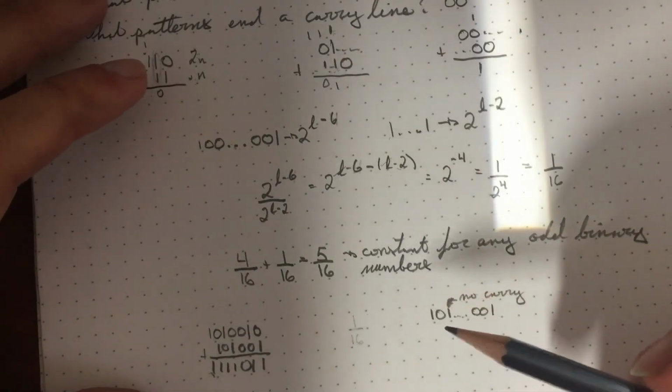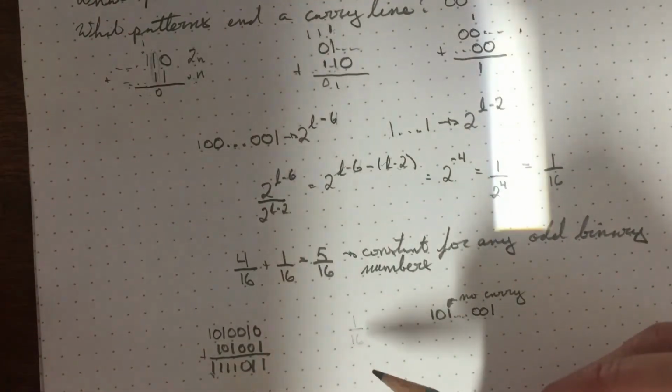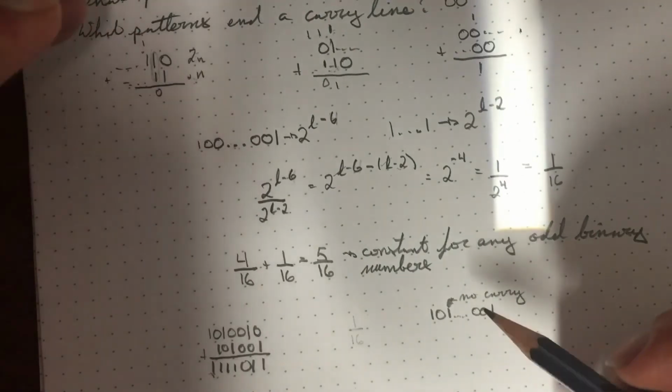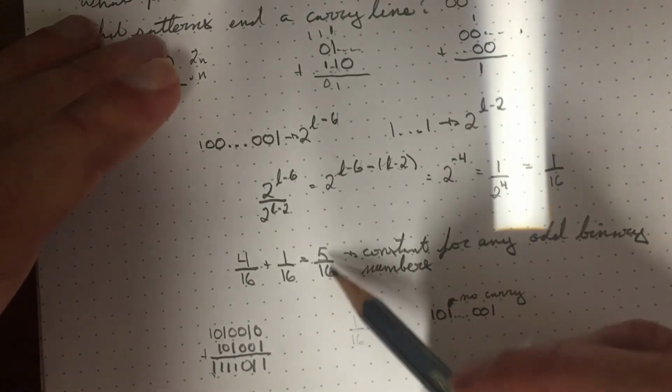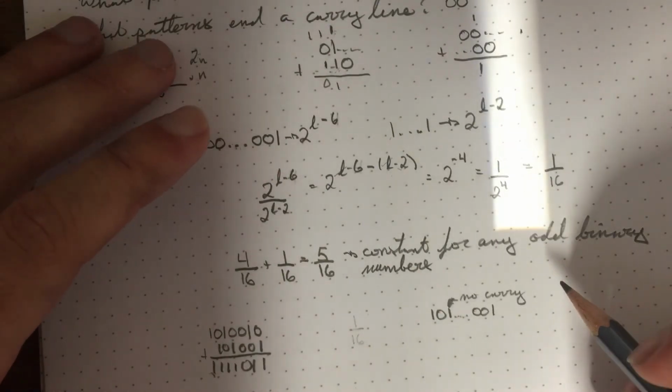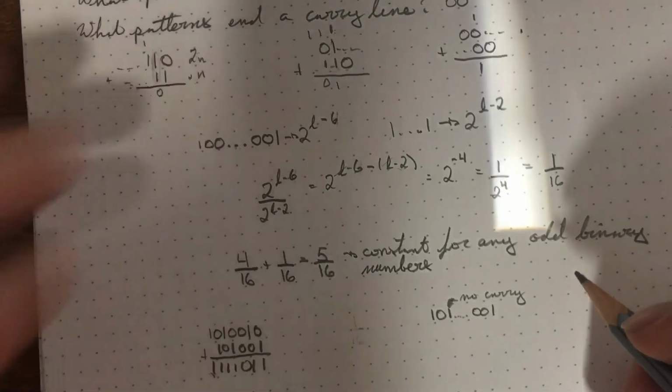I actually shouldn't have written the 1/16 there, but you can see how, again, we could make this fraction bigger, the constant numbers that collapse.